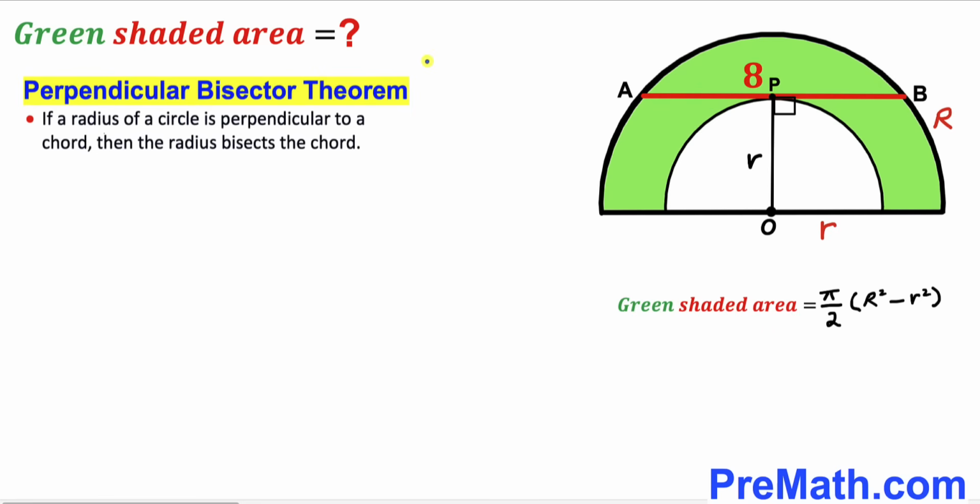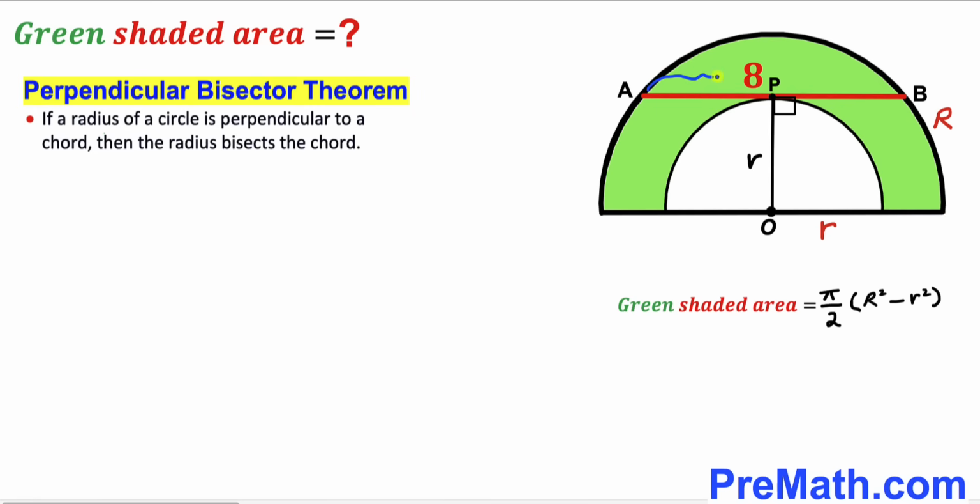Now let's recall the perpendicular bisector theorem. According to this theorem, if a radius of a circle is perpendicular to a chord, then the radius bisects the chord. So we conclude that this radius bisects the chord AB into two equal parts.